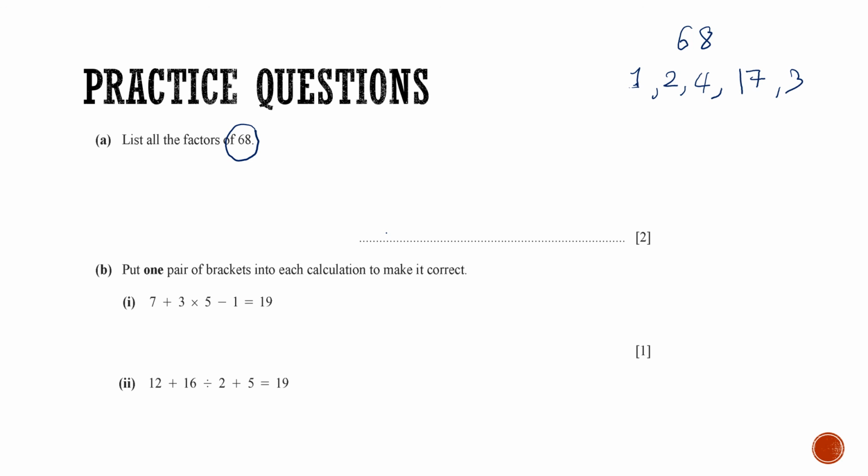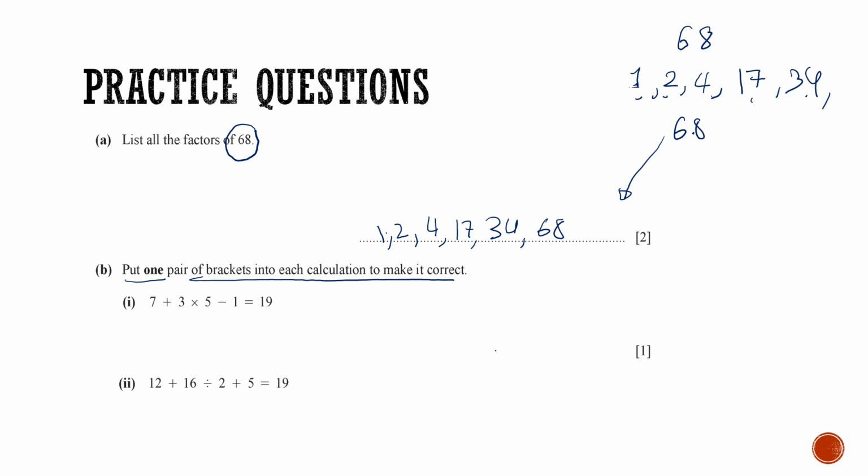That gives us 34 and 68. So 68 times 1, 34 times 2. So yes, these are all the factors of 68. Sometimes it can take time. You have to think and go over each number and then divide them.